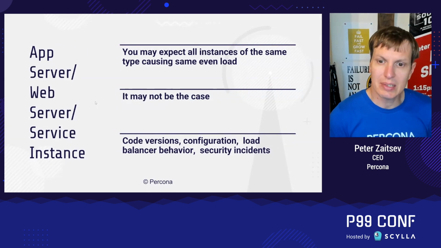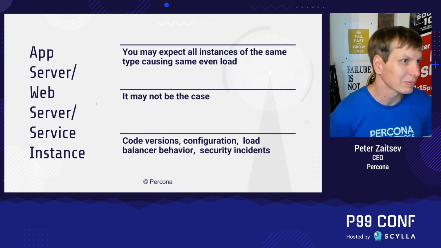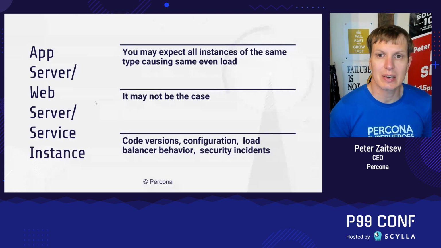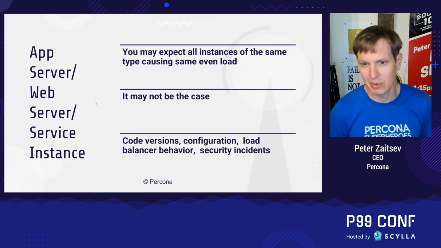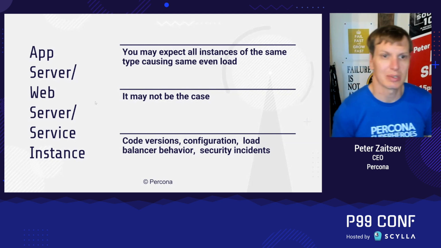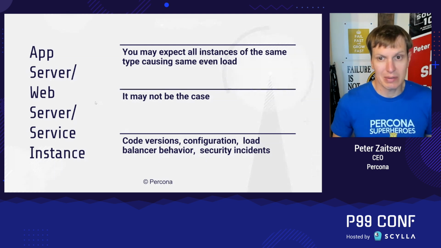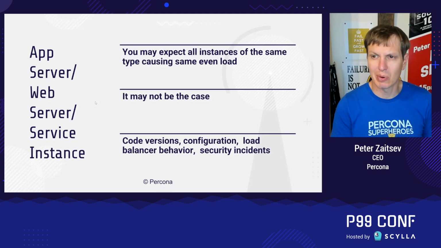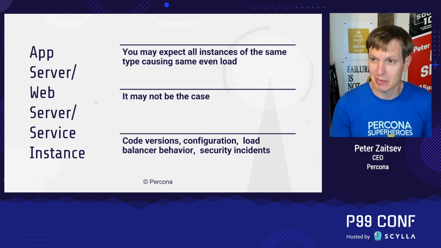Now, the last thing I will cover from a breakdown standpoint is thinking about the host where traffic comes from: application server, web server, maybe even the user's machine. In many cases, when you have multiple application servers, you expect them to all more or less perform the same, right?